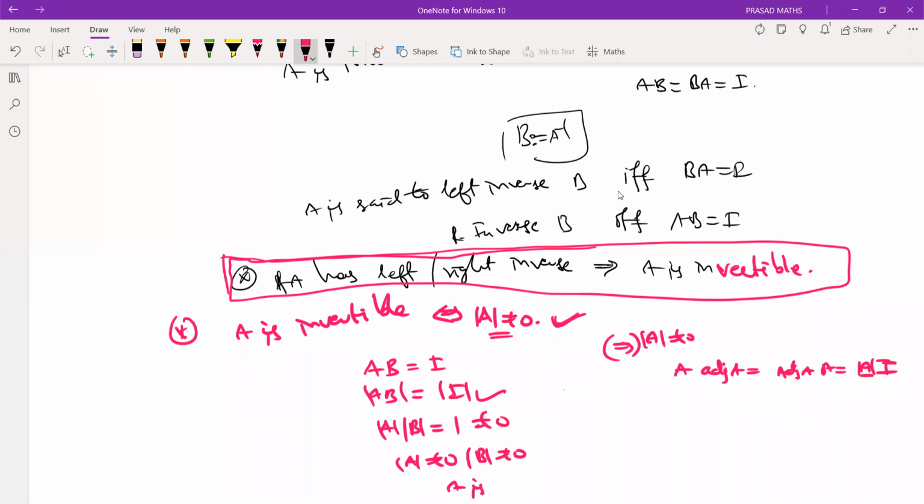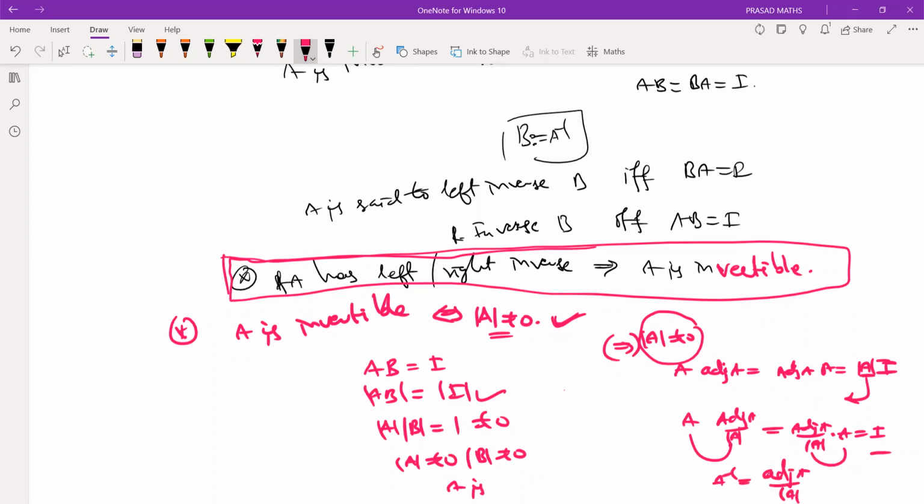As det A is non-zero, we can divide the equation by det A. What you get is adjoint of A by det A, an identity matrix. So A into B, B into A equals the identity matrix. Therefore, A inverse is equal to adjoint of A divided by det A. Therefore, A is invertible if and only if det A is non-zero. This is very, very important.